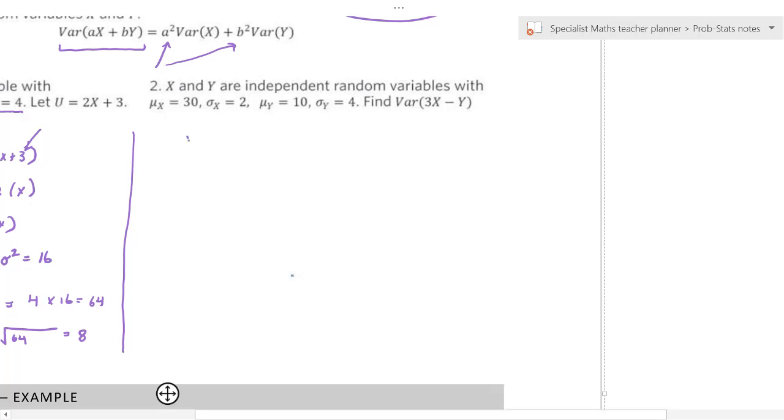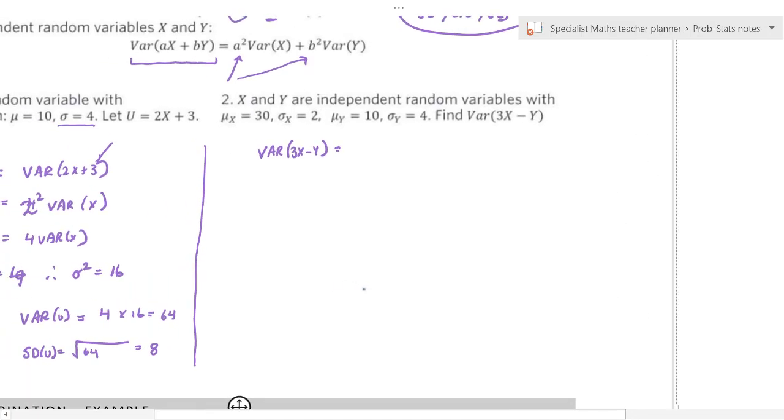So once again, we want the variance of 3X minus Y. You need to be careful here, because if I was to do the expected value, the negative would actually matter. But if I square -1, that's going to be a positive result anyway. So that's what you've got to be very careful of.